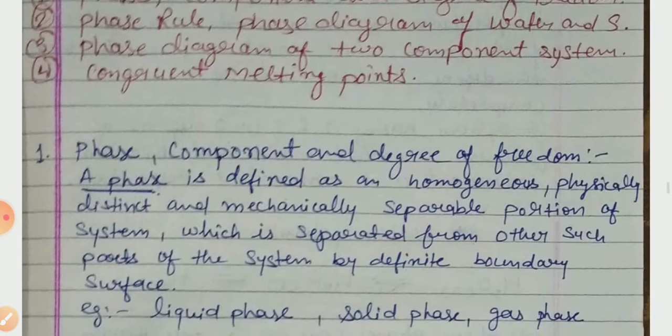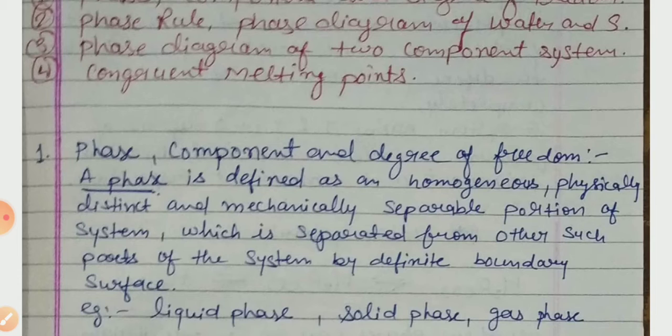So first we have to know about what are the components and what are the phases. As you know, matter has three phases: solid, liquid and gas, and these three phases are present in different components, for example water. For water the phases are liquid, solid and gas, and the component is H2O.